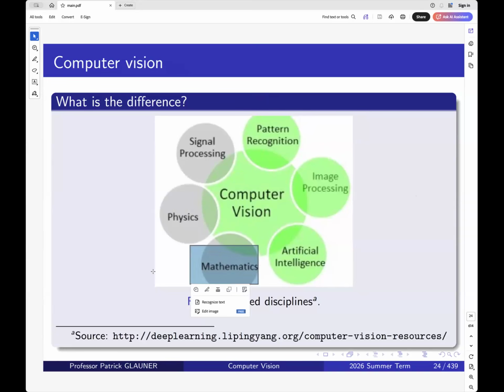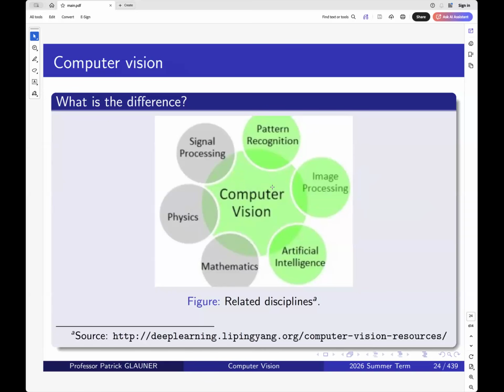We obviously need mathematics. Physics is not that important to this course, but maybe in computer vision courses taught by others. And we obviously need image processing as well.